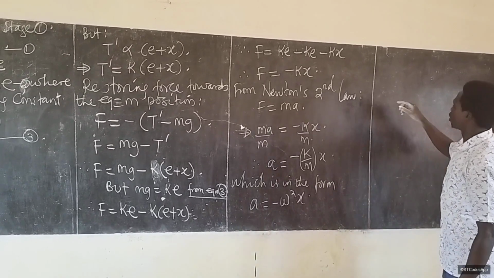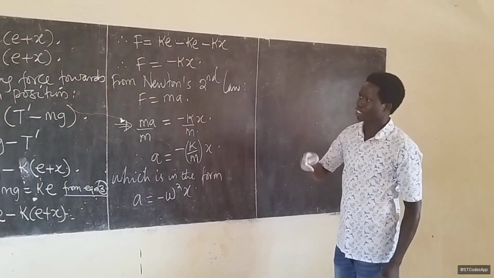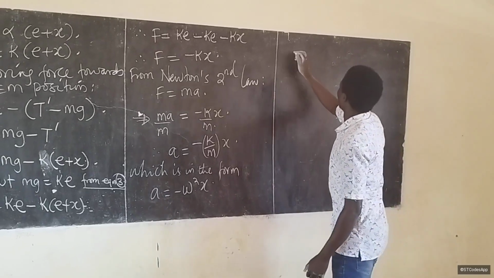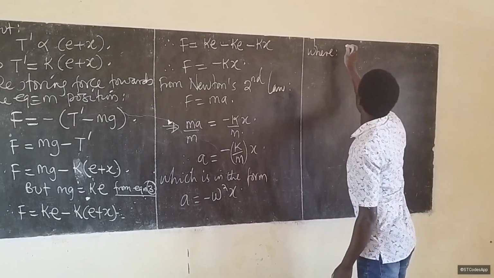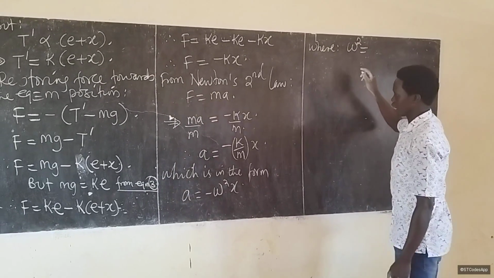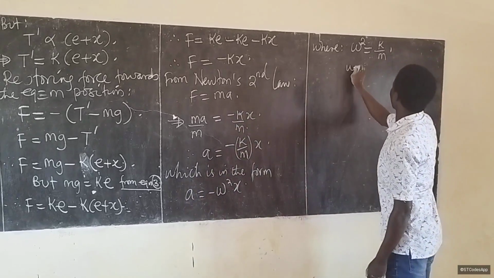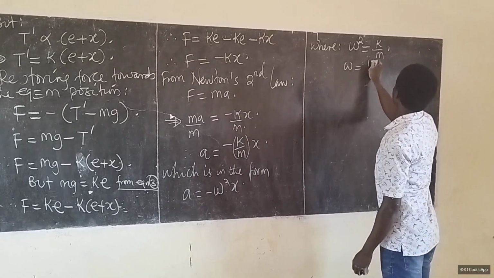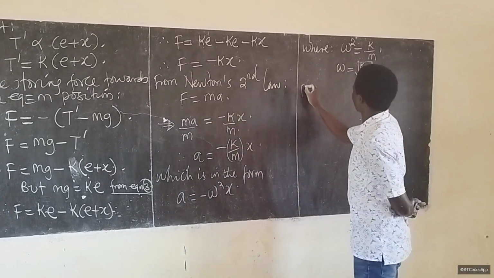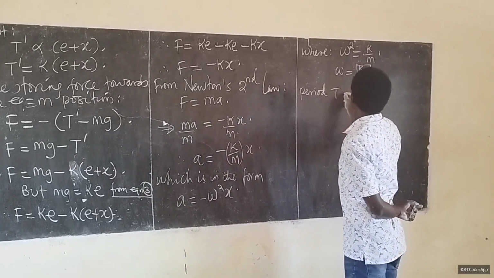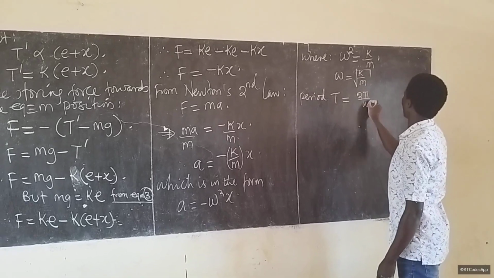So in this case, we can as well go ahead and get a period for that spring mass system. So we know that omega squared is actually k out of m. So omega alone becomes k over m, but under a root. So period T is equal to 2 pi out of omega.